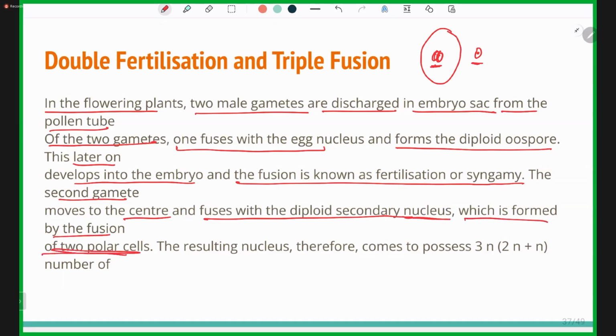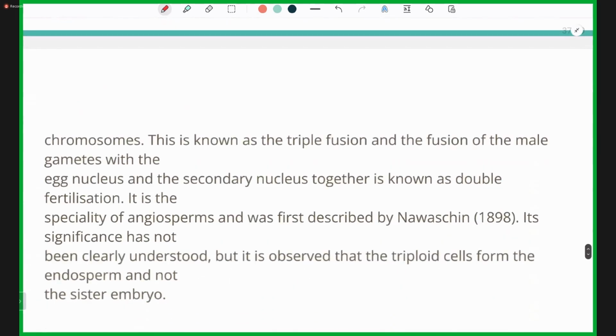We know that two polar nuclei fuse and form a secondary nucleus. Now this resulting nucleus comes to possess 3n, or 2n plus n, chromosomes. So when 2n plus n fuse, it is termed triple fusion.